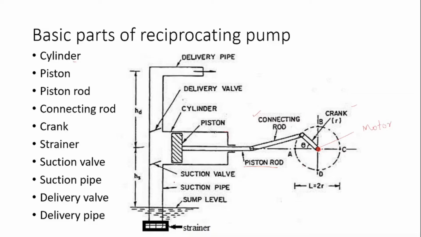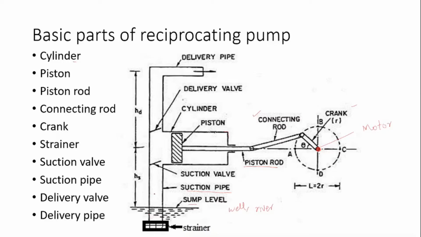Then we have two pipes. This one is called the suction pipe. The suction pipe usually is dipped into a sump. The sump can be a well or a river from where we are pulling out the liquid.